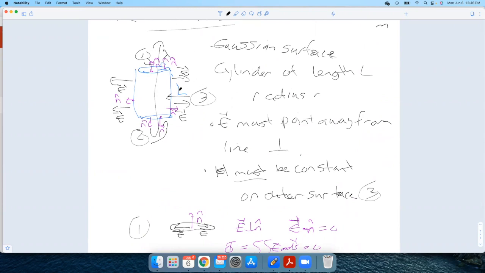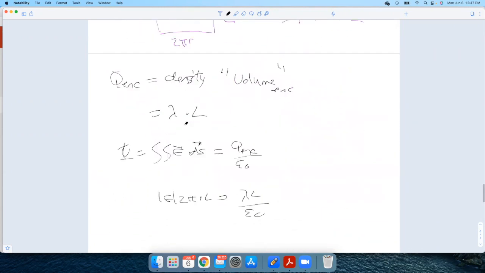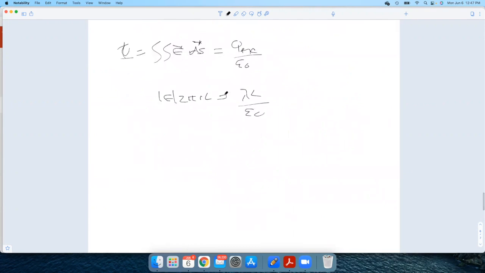It may depend on how far away I am. So I kind of expect to get an R in my answer, because the further away I am from the charge, I would expect the field to go down. But the answer can't have anything to do with L, because that was just an arbitrary dimension for my surface.